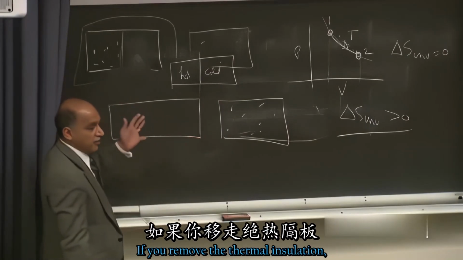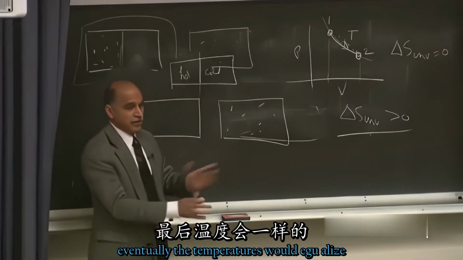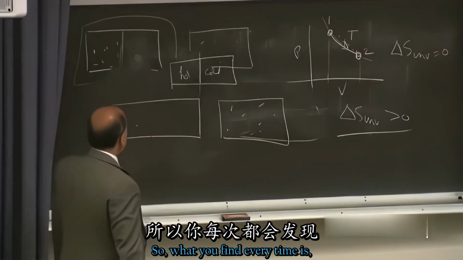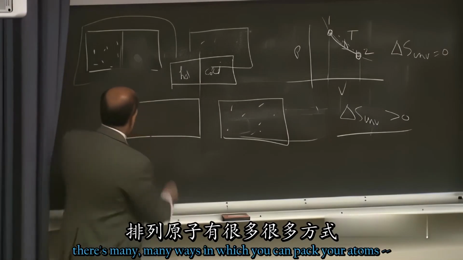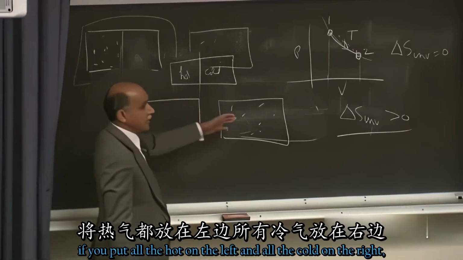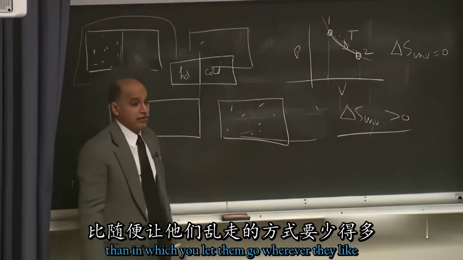If you remove the thermal insulation, or just replace it by a heat conducting partition, eventually the temperatures will equalize. So what you find every time is there are many, many ways in which you can pack your atoms. If you put all the hot on the left, all the cold on the right, that can be achieved in fewer ways than in which you let them all go wherever they like.